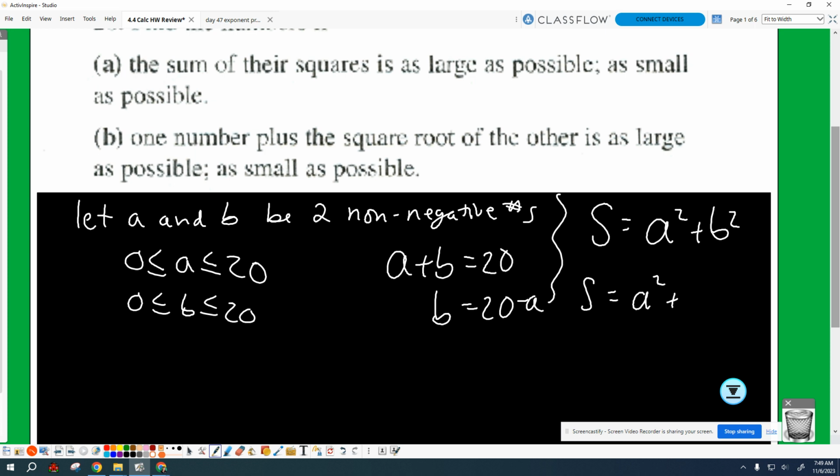Expand it out: 20 minus A squared is 400 minus 40A, then plus A squared.